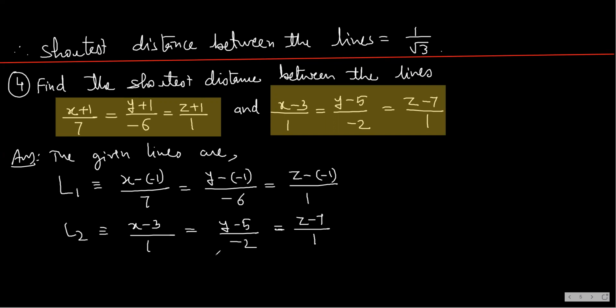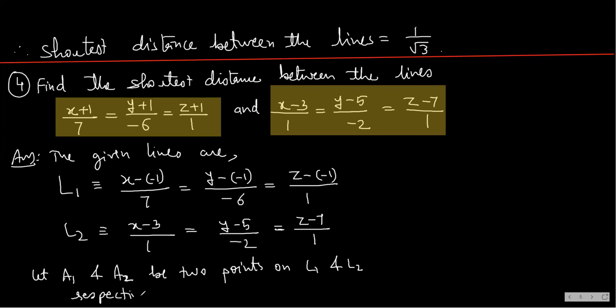I write, let A1 and A2 be 2 points on L1 and L2 respectively. So what will happen next, students? Now you will get A1.